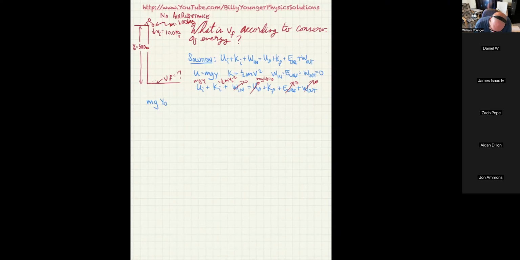So just in case anybody doesn't understand, I'm going to say that's the potential energy term plus 1/2 mvi squared. So that is the kinetic energy term.